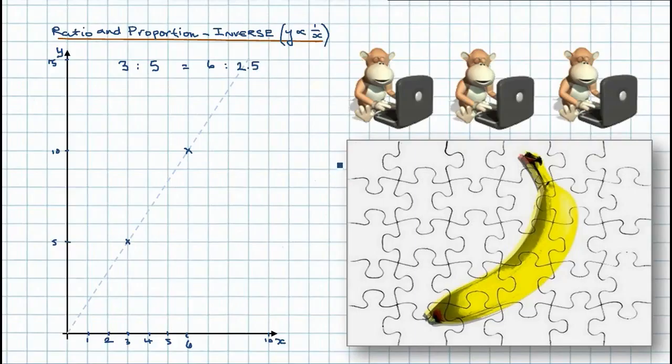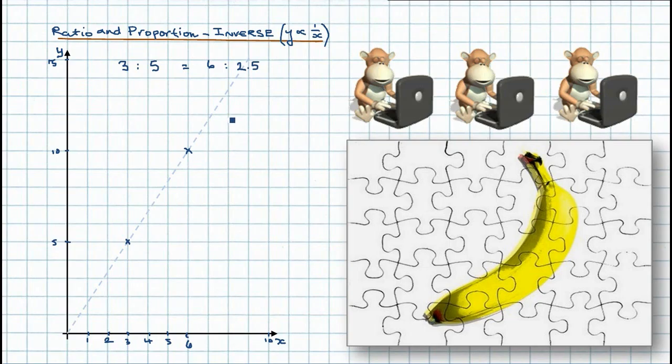Now, what I want to do is just graph this to show you the difference. Okay, so whereas we had a simple straight line graph, a linear equation for y is directly proportional to x, we're going to have something very different here.